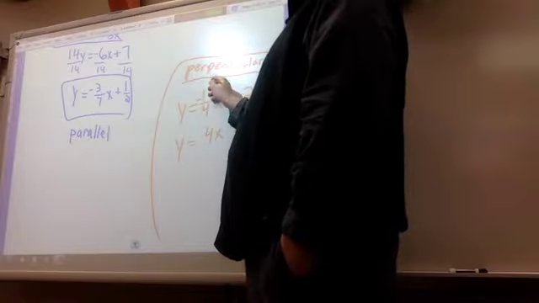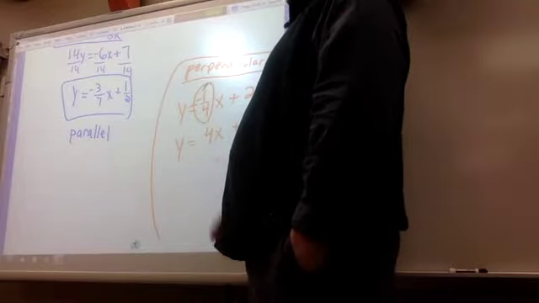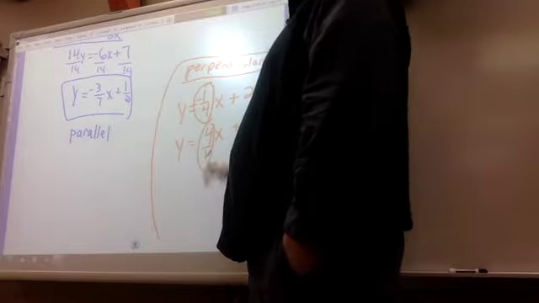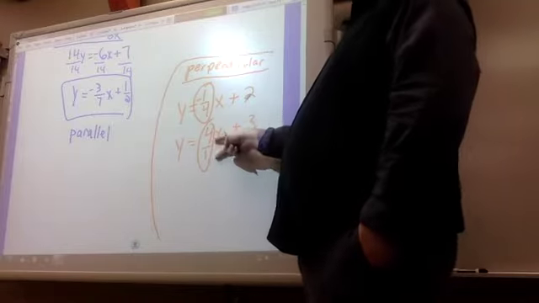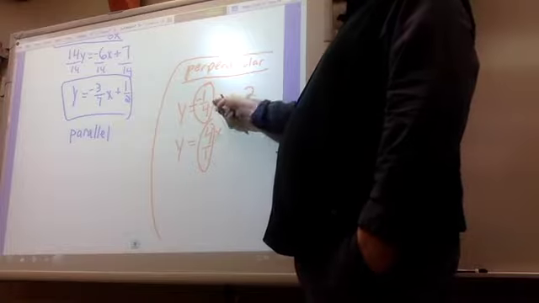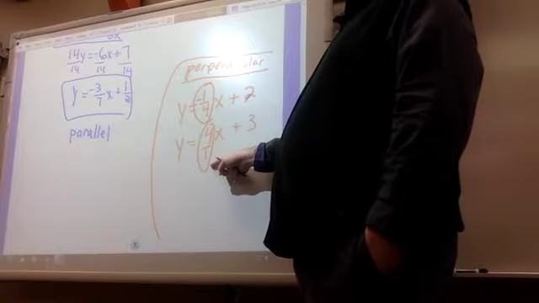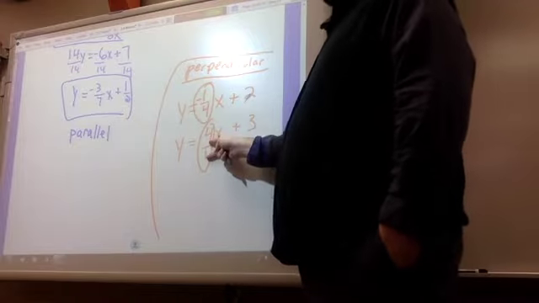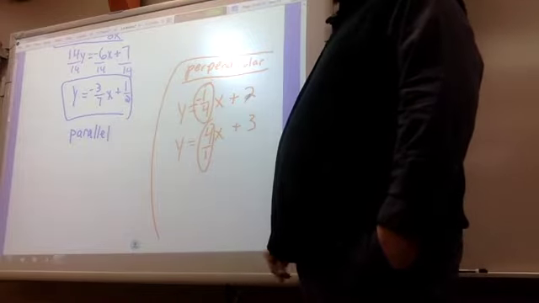Notice this slope is a negative 1/4. This slope is a 4 over 1. So one of them is the other one flipped over. It's the reciprocal, and they have different signs. So these will be perpendicular because one is the flip of the other, and they have different signs.